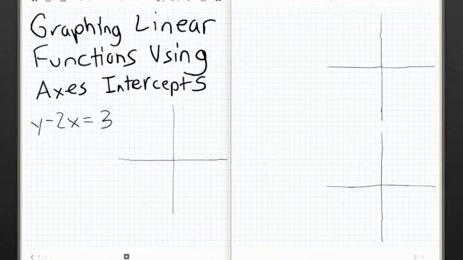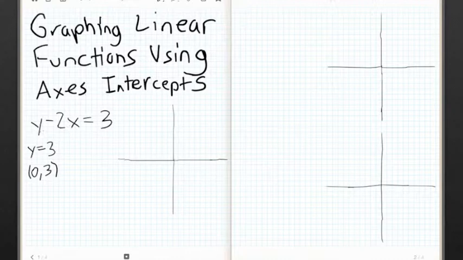First we're going to set x equal to 0. So if we set x equal to 0, then negative 2x becomes 0, and we'll be left with y equals 3. Now since we put x to 0, the point is x is 0 and y is 3.